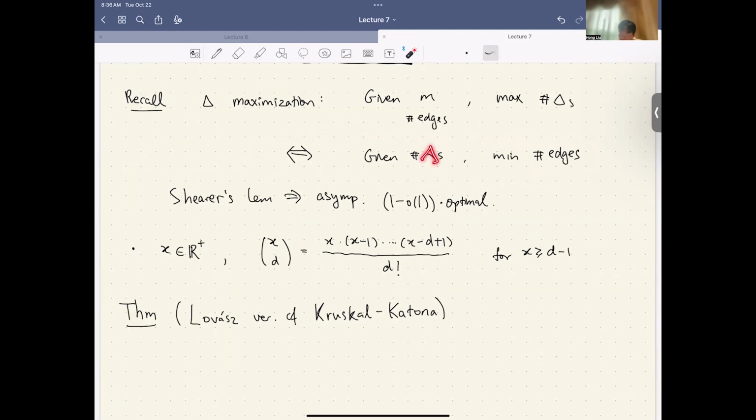Instead of being given K3, the number of triangles, and trying to minimize K2, the number of edges sitting in these triangles, we're going to do it for general K_d: how many K_{d-1} sit in these K_d. All right.